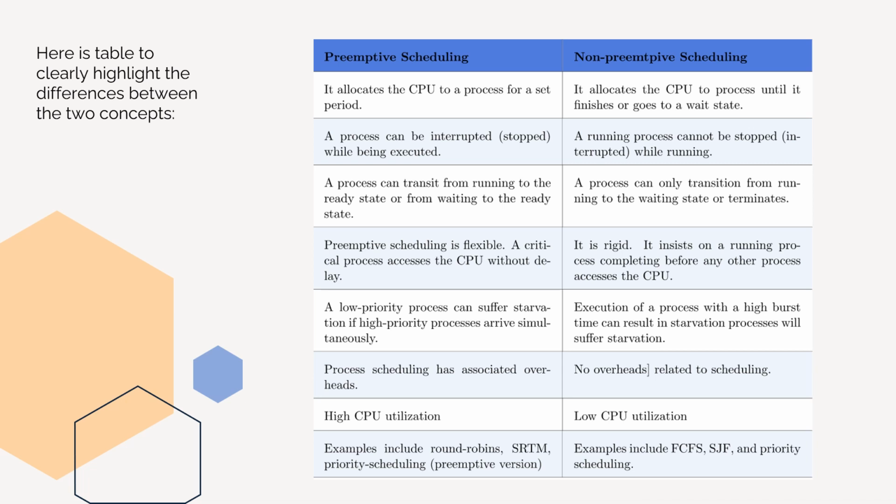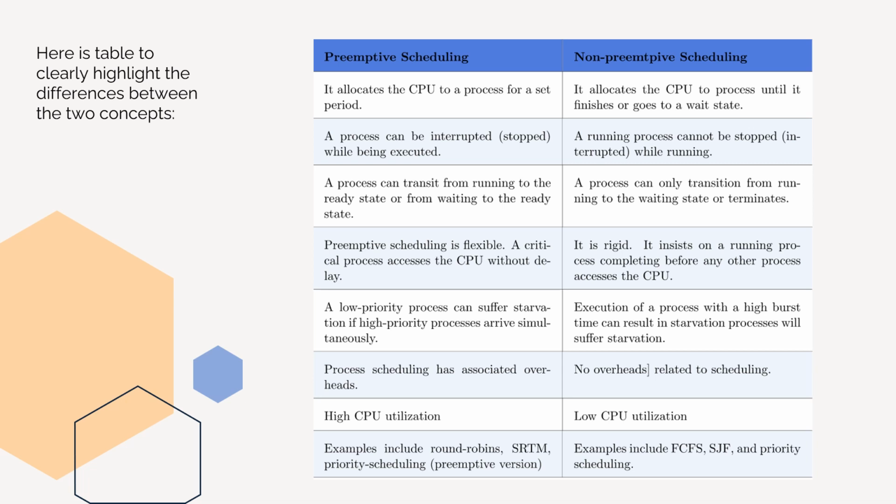In primitive scheduling it is flexible. A critical process accesses the CPU without delay, but in non-primitive scheduling, it is rigid. It insists on a running process completing before any other process accesses the CPU. In primitive scheduling, a low priority process can suffer starvation if high priority processes arrive simultaneously.